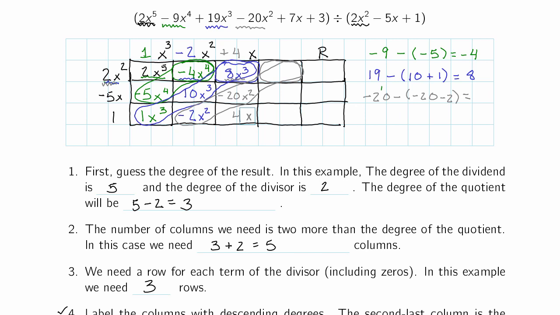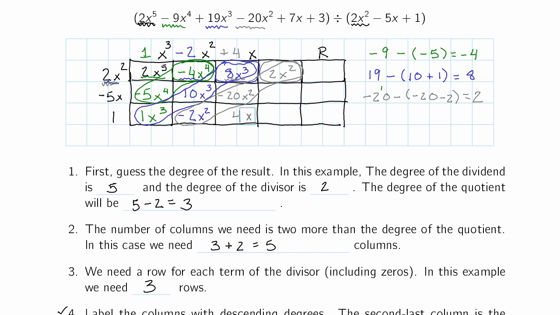If the signs are giving you trouble, you can just use a calculator on this. This gives me a positive 2. I need a positive 2x squared in this space. All right, notice positive 2x squared plus negative 2x squared is 0, plus negative 20x squared gives me negative 20x squared. All right, we are almost done now, right?